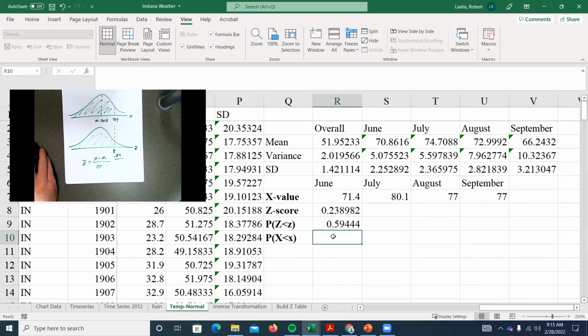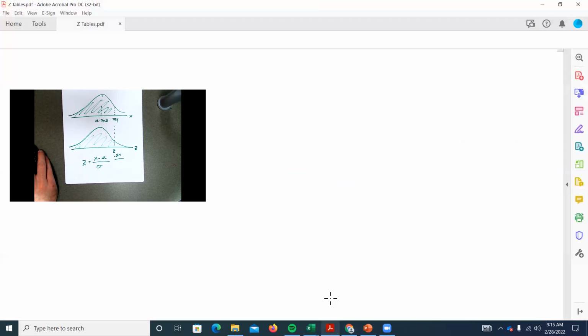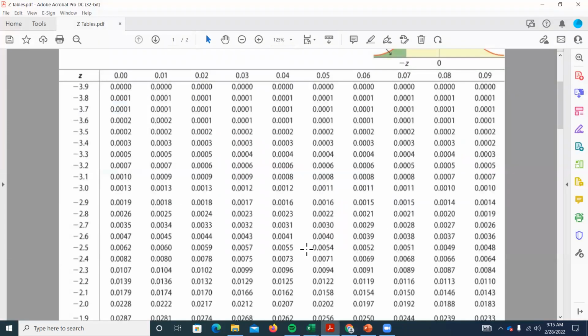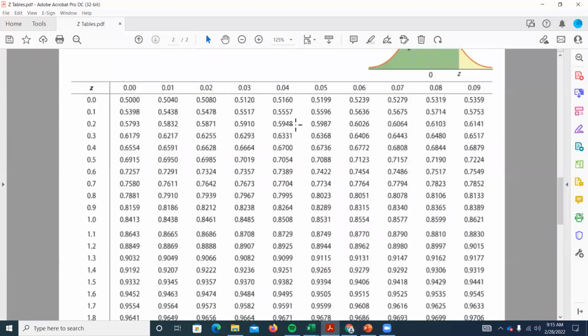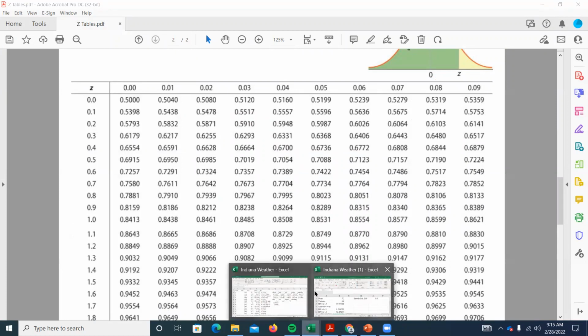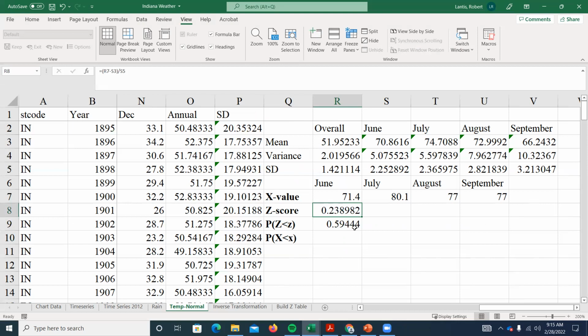Now I could look this up in the table. So let's say I had this z-score and it was 0.24 if I have to round to the second decimal. So I go to this table, I'm looking at the z-value of 0.24. So I scroll down, 0.2, 0.5948, versus 0.59444 in Excel.